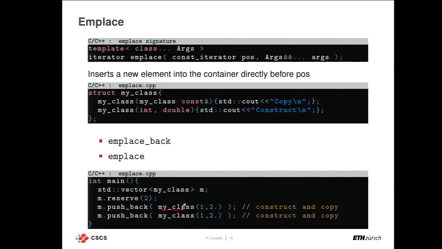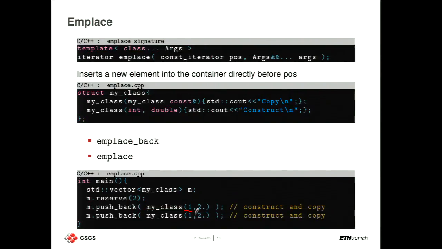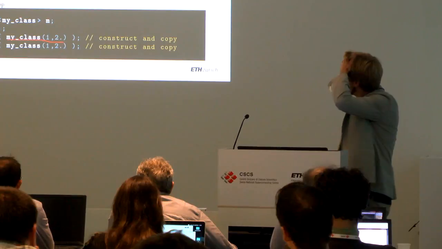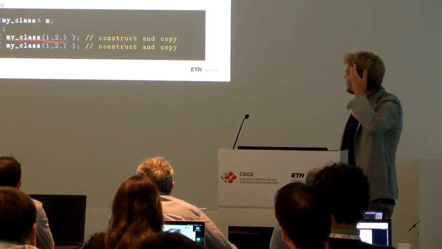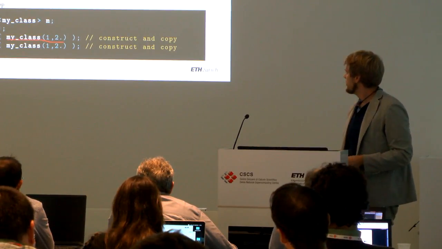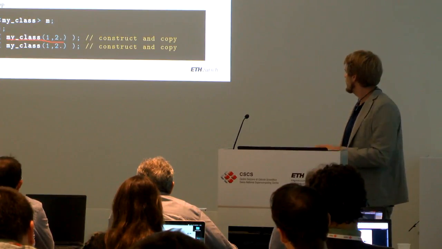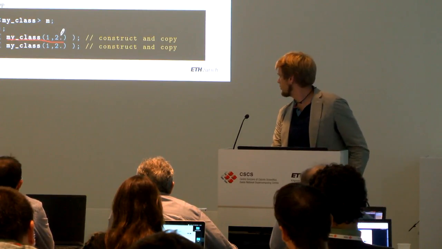Construct, because I'm explicitly calling the constructor, and because to push back I'm doing a copy inside the container. Why wouldn't it move? There's a way to do a move.